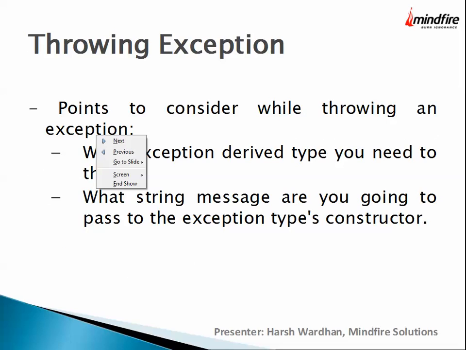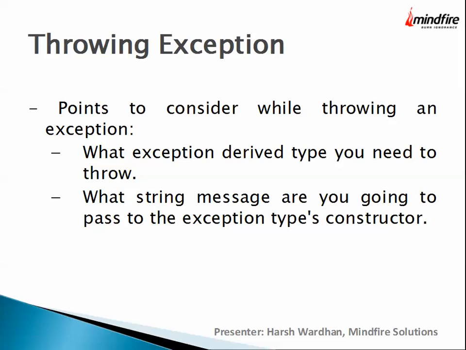So let's quickly look into these points as well for throwing an exception. While throwing an exception, you need to consider 2 points. First, what exception derived types you need to throw. Suppose you are creating your own functions and you need to throw an exception. You want to make that meaningful to the person who is receiving that exception.